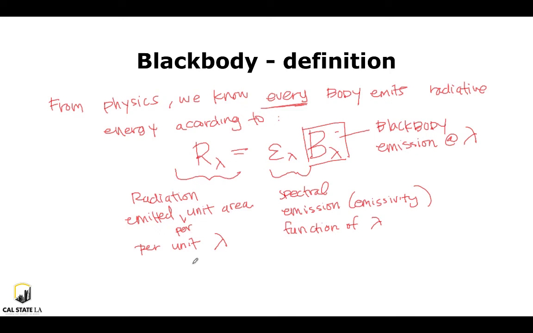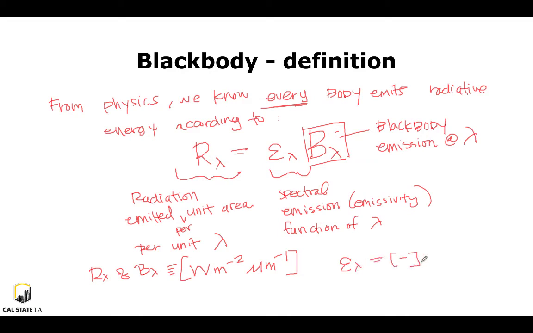Energy is measured in watts per meter squared per unit lambda, which is going to be per micrometer. So those are going to be your units for your radiation fluxes and your blackbody. So that must mean your emissivity units are going to be nothing.